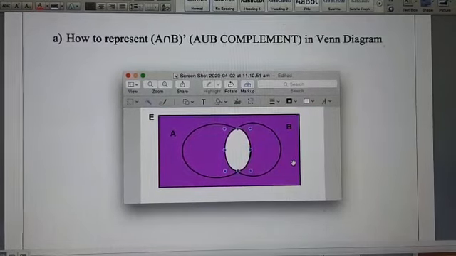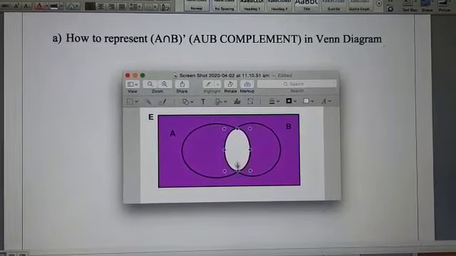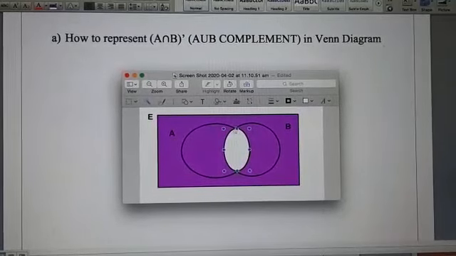I have to shade the complement of A intersection B. So if you are going to take the complement of A, don't shade A. If you are going to take the complement of B, don't shade B, shade the part other than B. If you are going to take the complement of A intersection B, don't shade A intersection B, shade the region outside A intersection B.